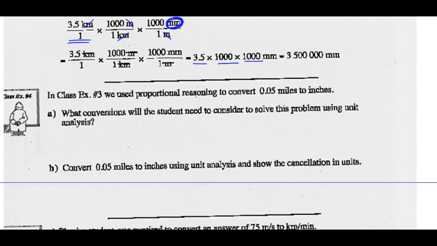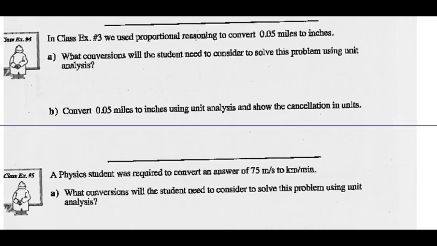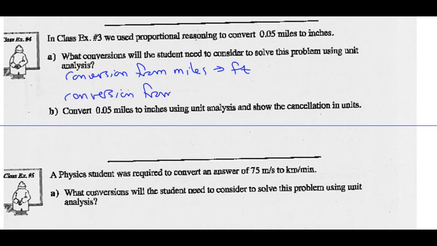All right. So in the class example, we used proportional reasoning to convert 0.05 miles to inches. What conversions will the student need to consider to solve this problem using unit analysis? Well, they have to know the conversion from miles to feet, and the second conversion from feet to inches.